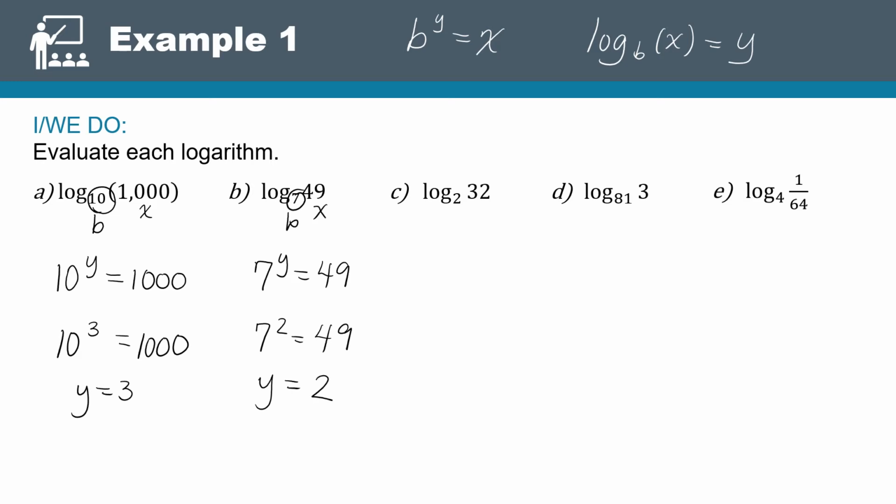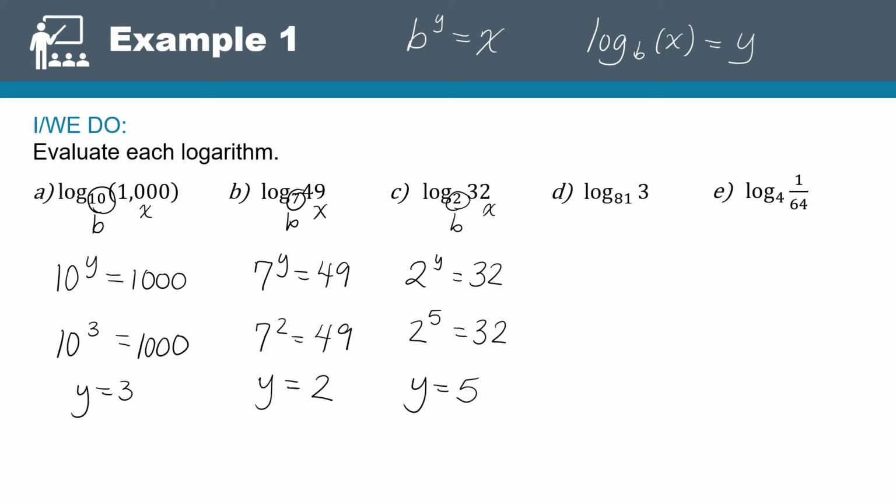C, log base 2 of 32. Well, my base is 2. 32 is my x. So I say 2 to the y power equals 32. 2 to the fifth power equals 32. So y equals 5.